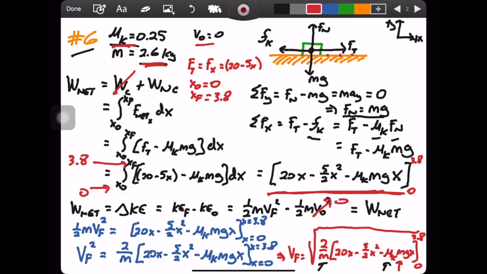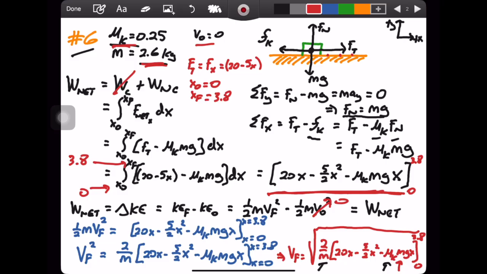I sum my forces in y, that gave me the mass times acceleration in y. I sum my forces in x, that gave me mass times acceleration in x. That allowed me to figure out what the normal force was. Figuring out the normal force is key to figuring out what the kinetic friction force is, because the kinetic friction force depends on both the coefficient of kinetic friction and the normal force. And then the other real key to this problem is understanding the work energy theorem.